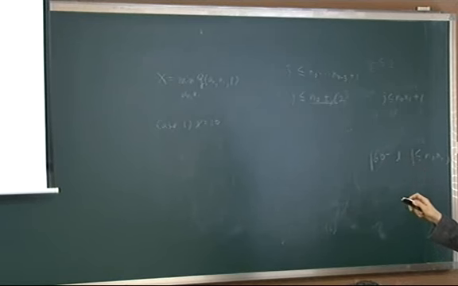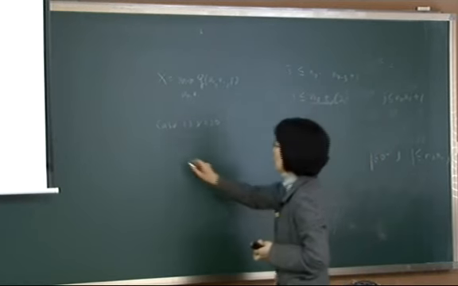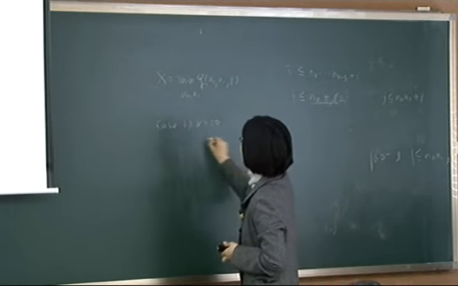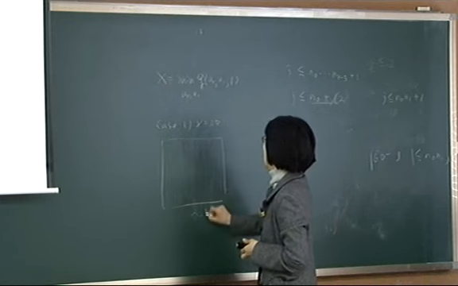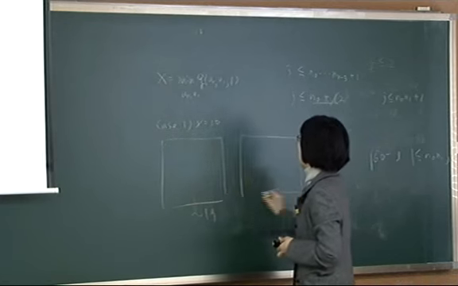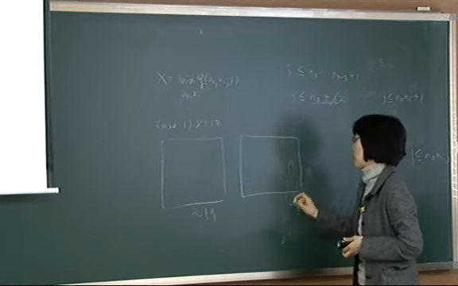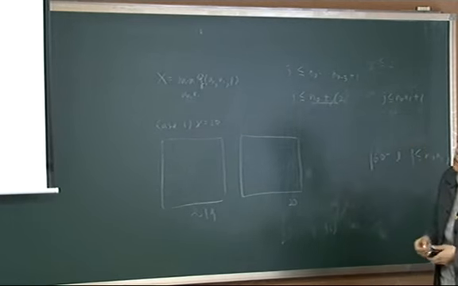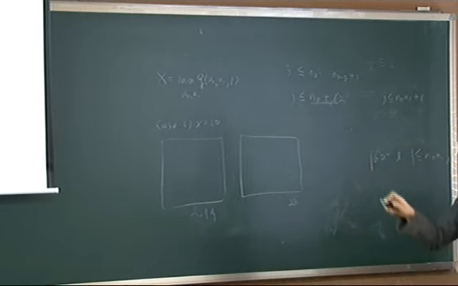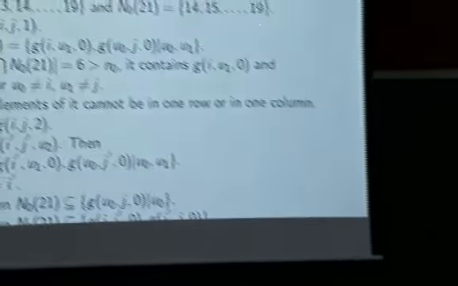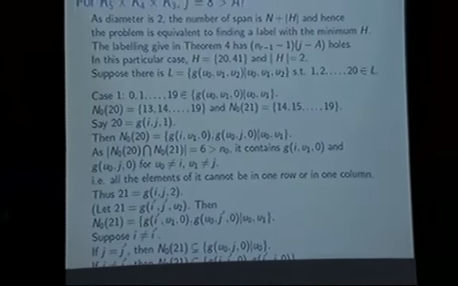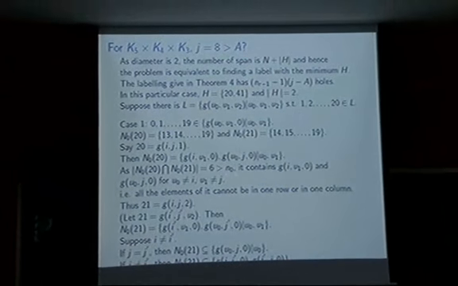So then, when you consider this upper label, so here is up to 19, and here is the smallest number 20, and then N1 of 20 is from 13 to 19. I'm sorry, N0 of 20. And N0 of 20 is from 14 to 19. And their intersection is 6 numbers, which is bigger than 5.